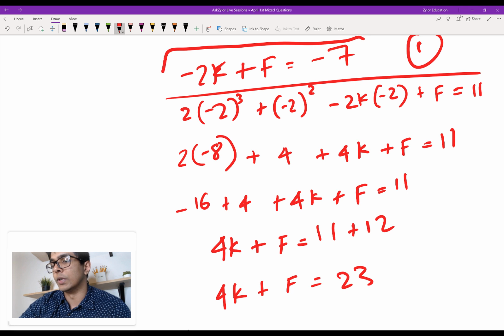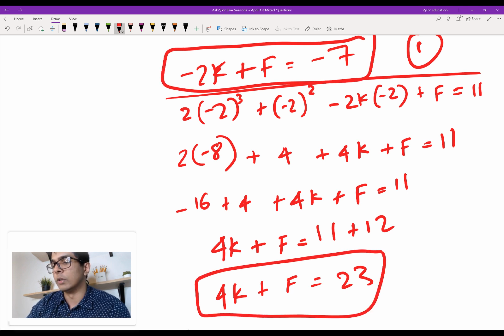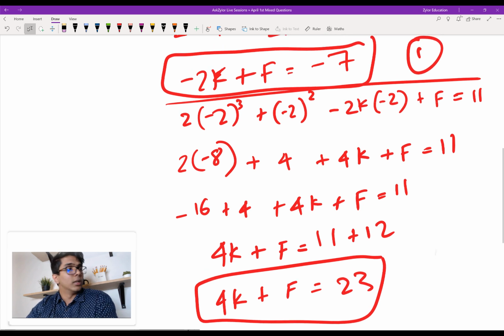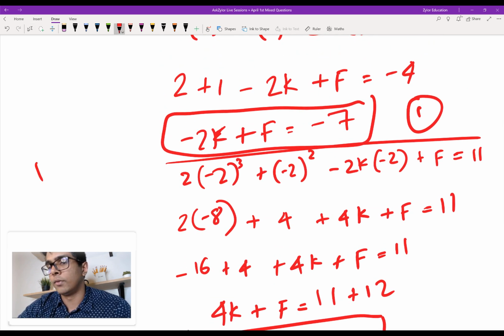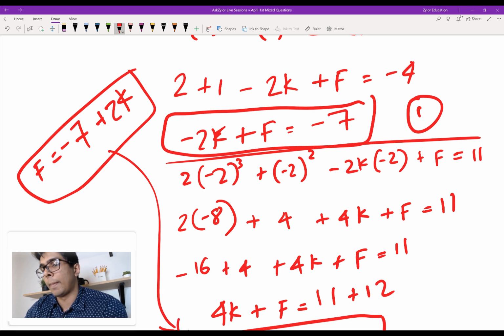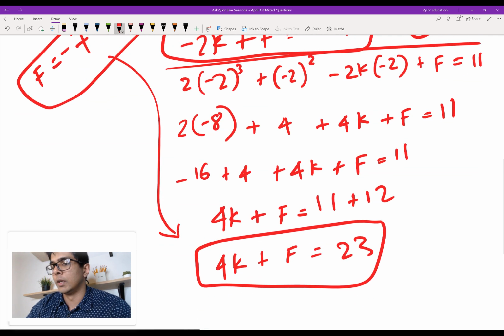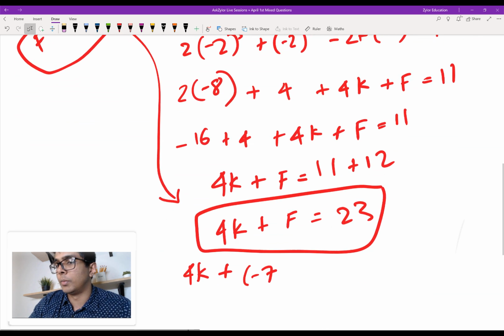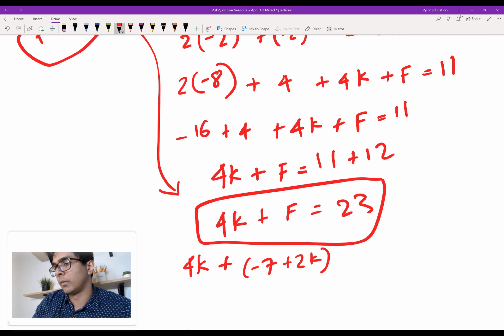So then I have two equations with two unknown variables. What I can do is simply plug in. So then I can make f equal to negative 7 plus 2k, and then plug that into my second equation. So 4k plus negative 7 plus 2k is equal to 23.